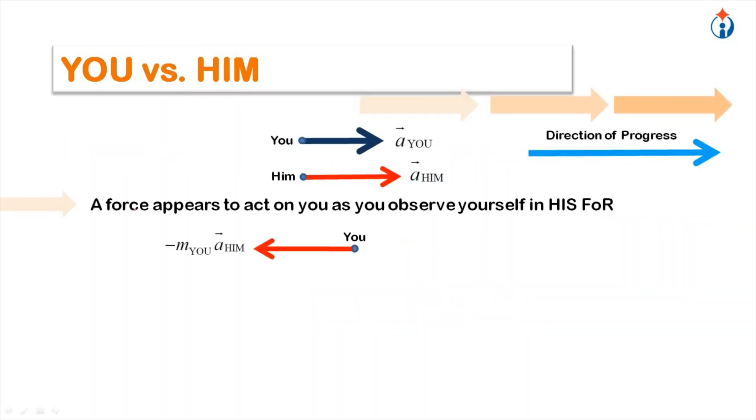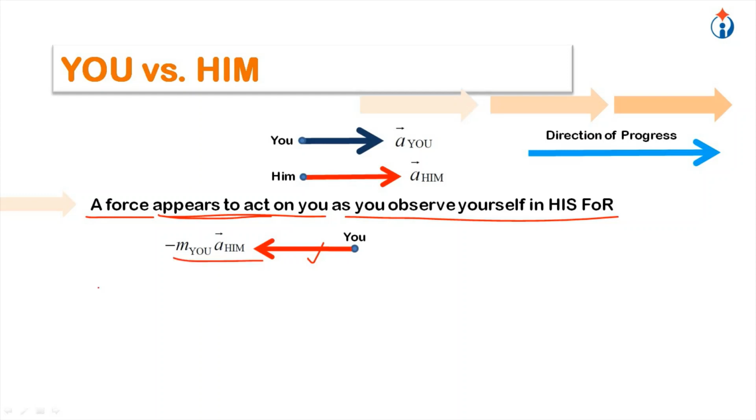So, if a force appears to act on you as you observe yourself in his frame of reference, it appears to act, that is a pseudo force. It's not there, but it appears to you, acting on you, causing pressure.